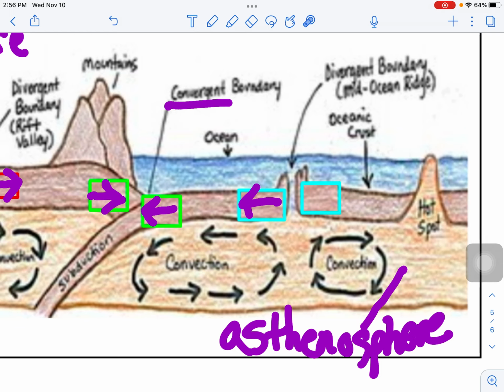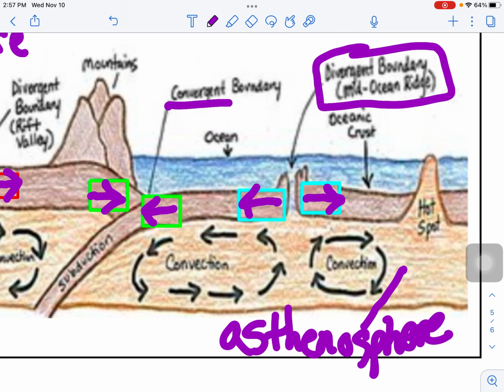So it's going to have a right motion. It's going to drag this piece across to the right in that direction. So these plates are dividing. Again, that's a divergent boundary. This is happening under the water. This is a mid-ocean ridge where the plates are separating.